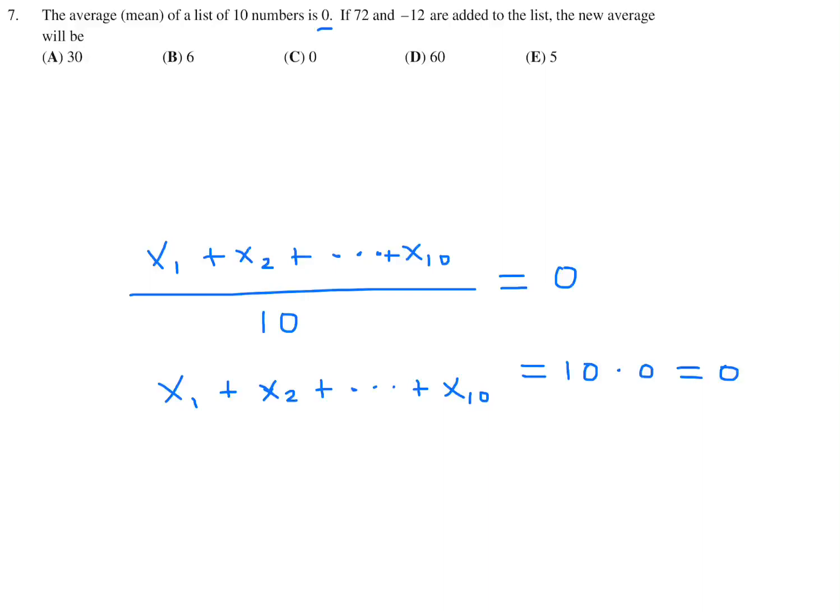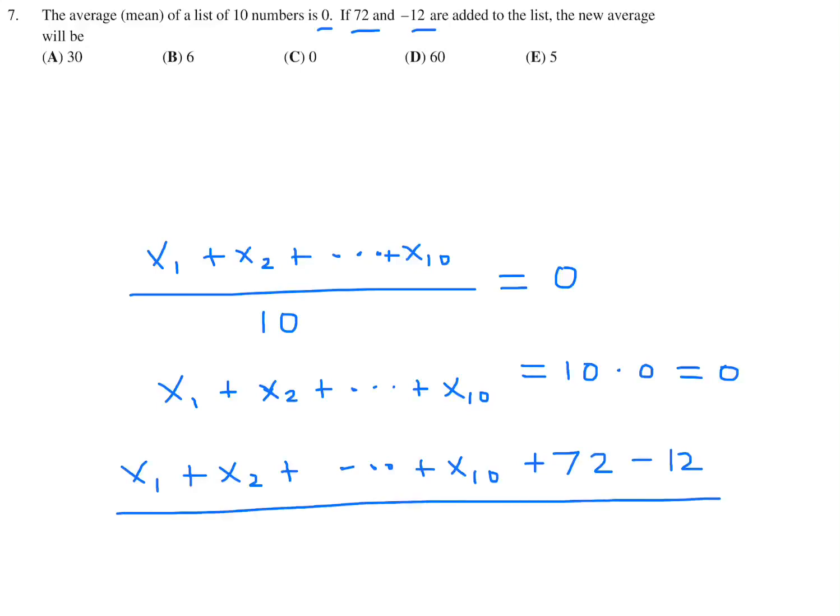Now what they're saying is that you've added 2 additional numbers. So now you've got x1 plus x2 all the way up to x10, but you've added 72 and negative 12. And this new average, they want you to figure out. So now you're not going to divide by 10, you're going to divide by 12, because there's now 12 numbers.